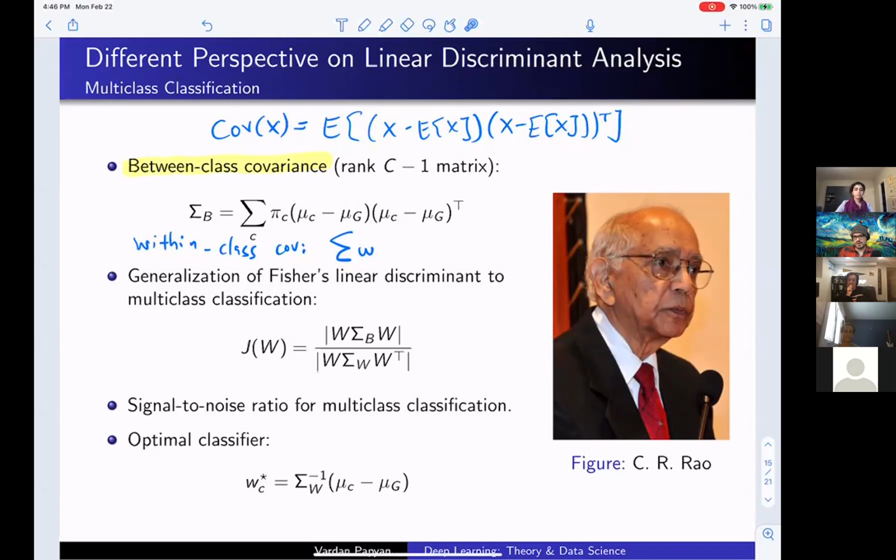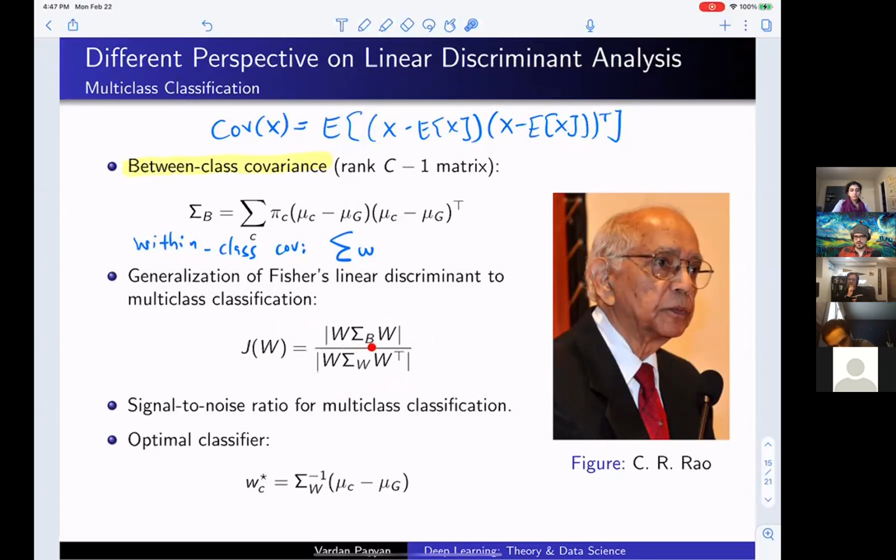So what Rao did was propose the following objective: J of capital W, okay? Capital W is a matrix, and this is the matrix that is going to multiply your samples, let's say, images. Now, the proposed function is as follows.